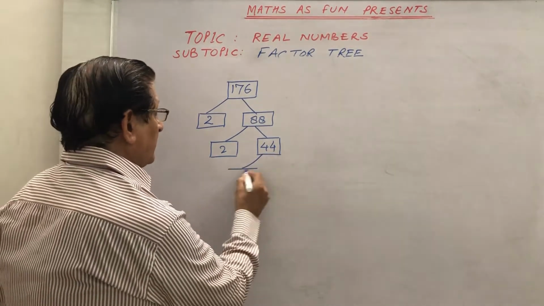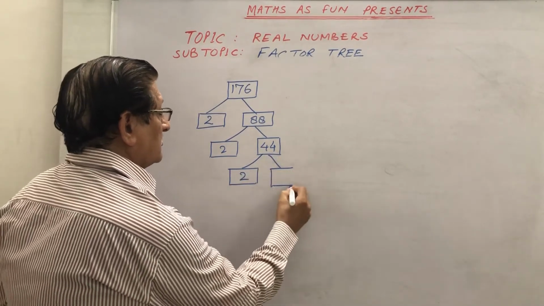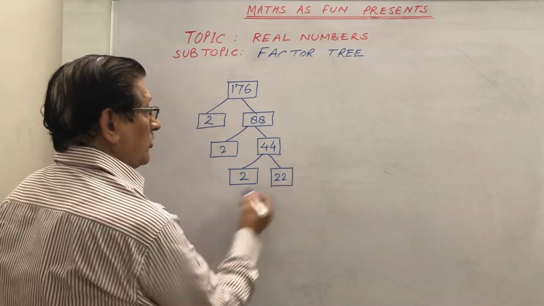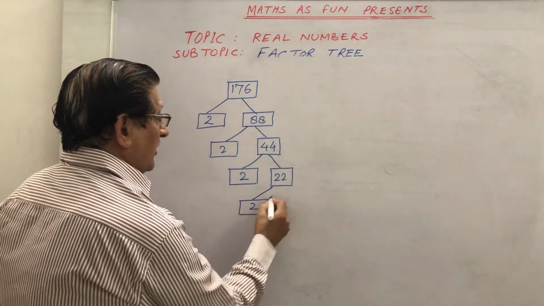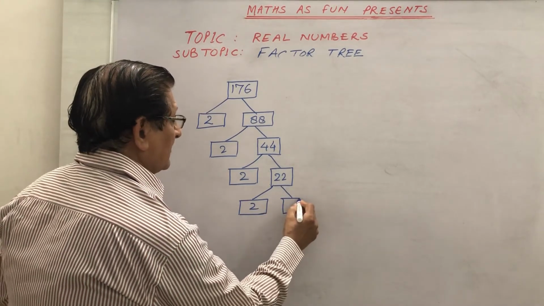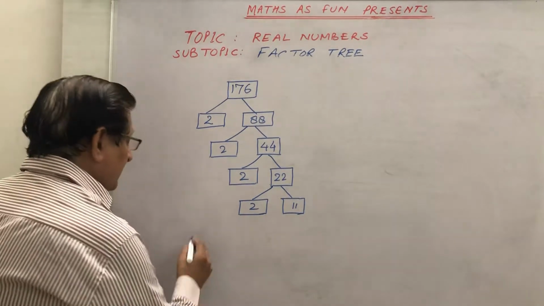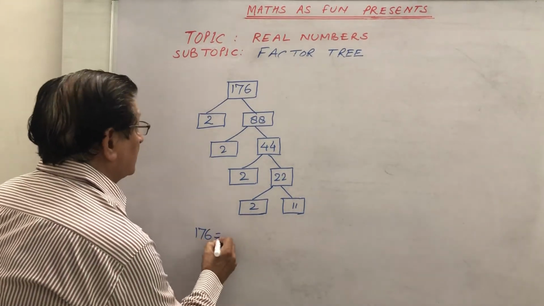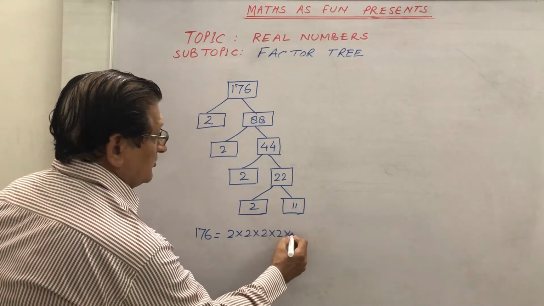Then again one factor is 2, and this comes 22. Next factor again is 2, and at last we get 11, because 11 is a prime number, so we can't have any other factor. Therefore the prime factors of 176 are 2 into 2 into 2 into 2 into 11.